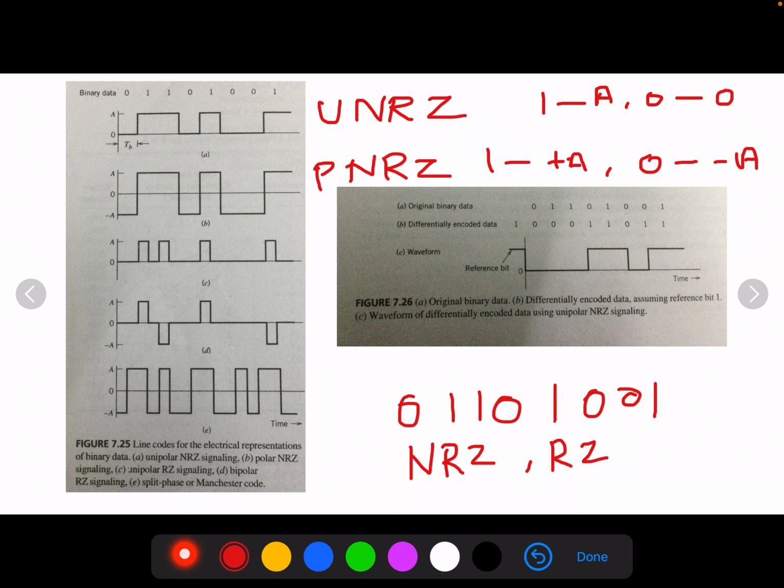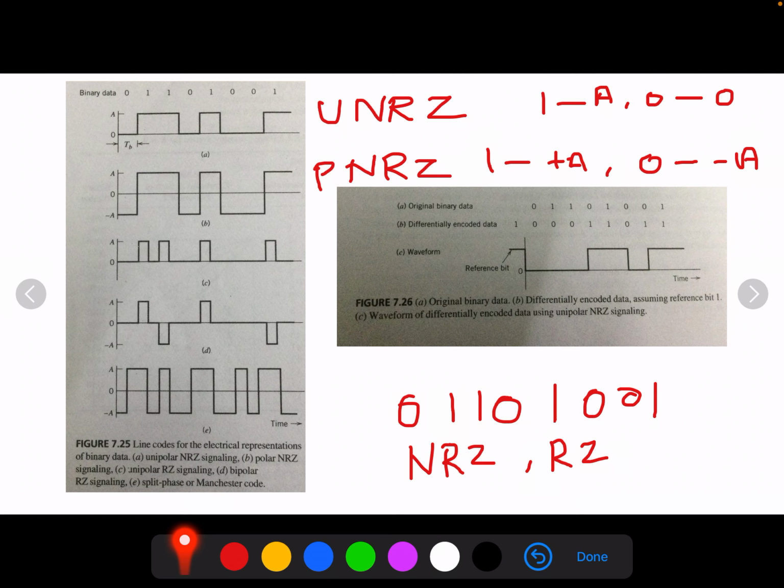Observe here, 0 is represented as minus A, 1 as plus A, 1 plus A, 0 minus A, 1 plus A, 0 minus A, 0 minus A, 1 plus A, and it goes on like this. This line code is relatively easy to generate and it is more power efficient than the previous unipolar non-return to 0 signaling.